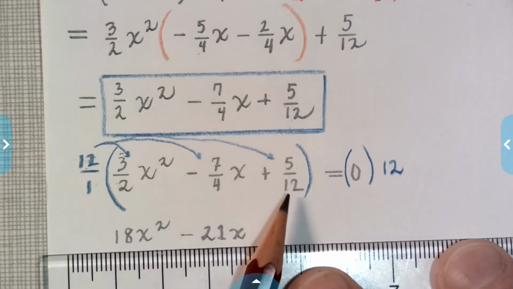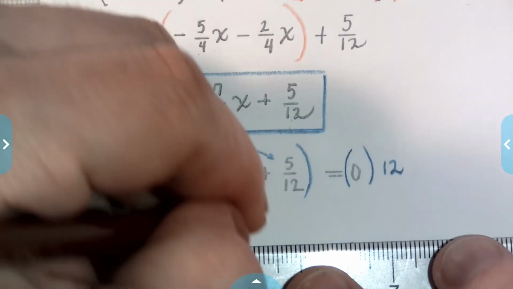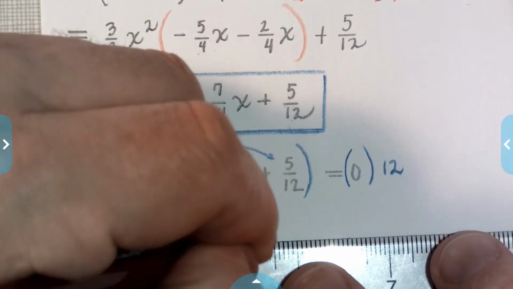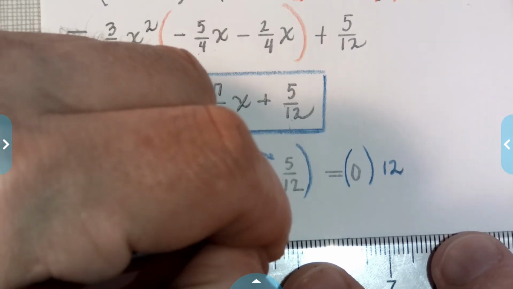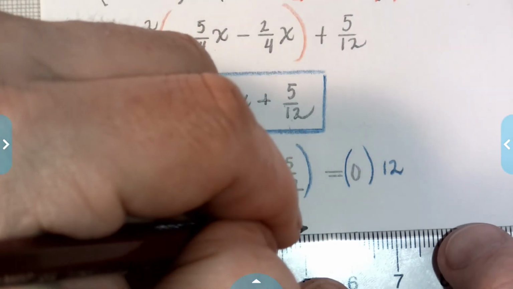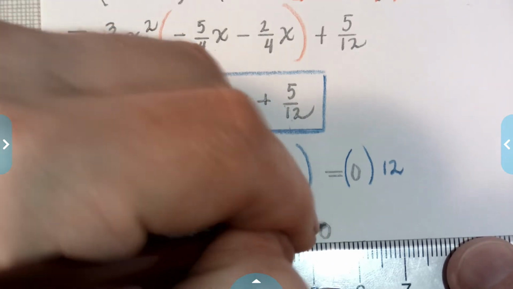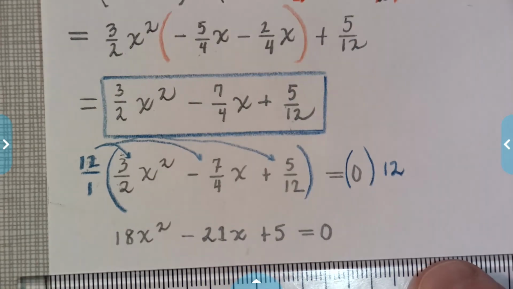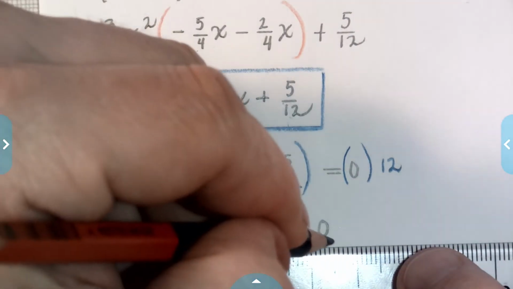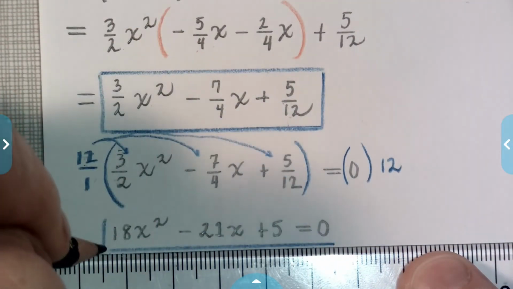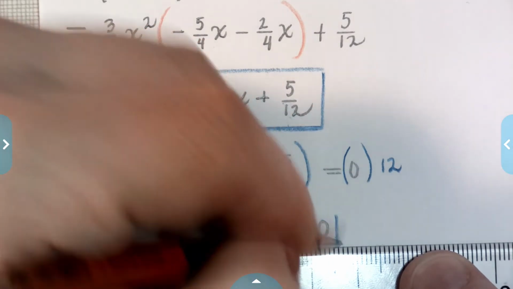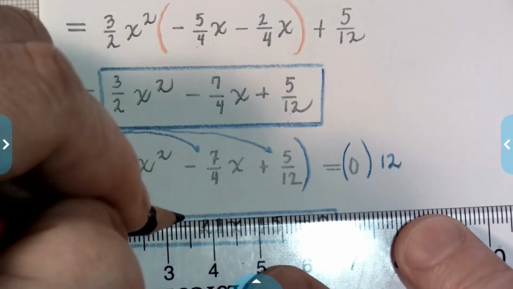And now the 12s cancel and you have plus 5, again, equals 0. So that's my answer, okay? It's different because it didn't give us that equals 0 part.